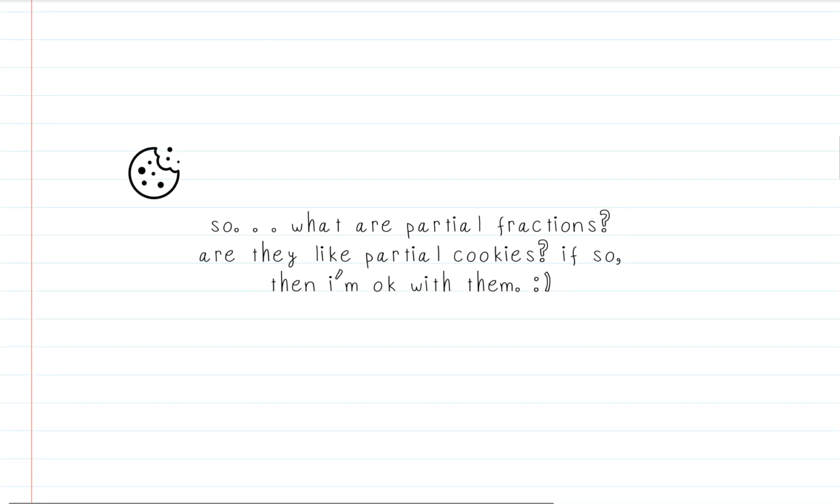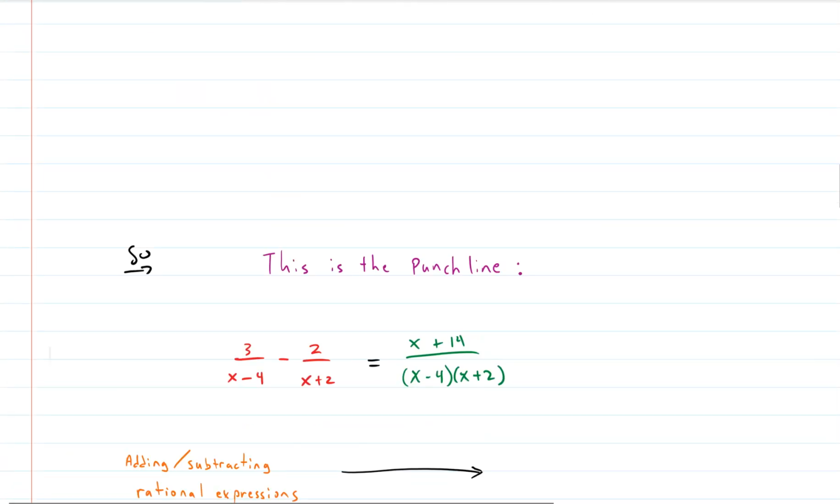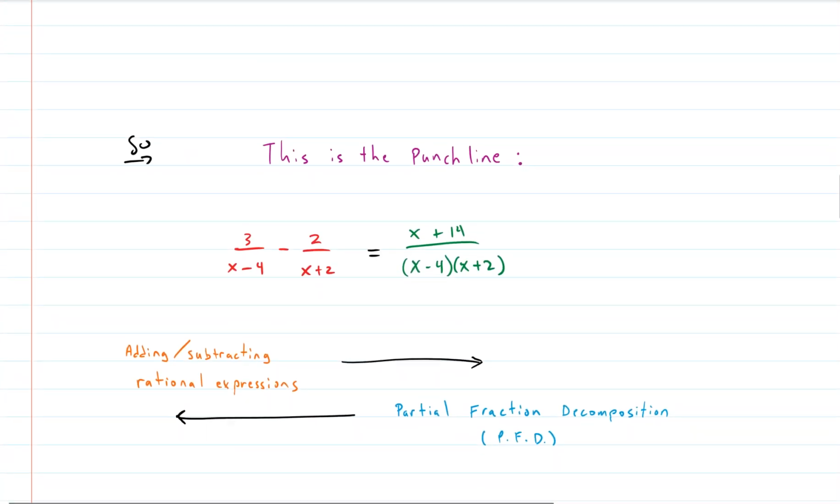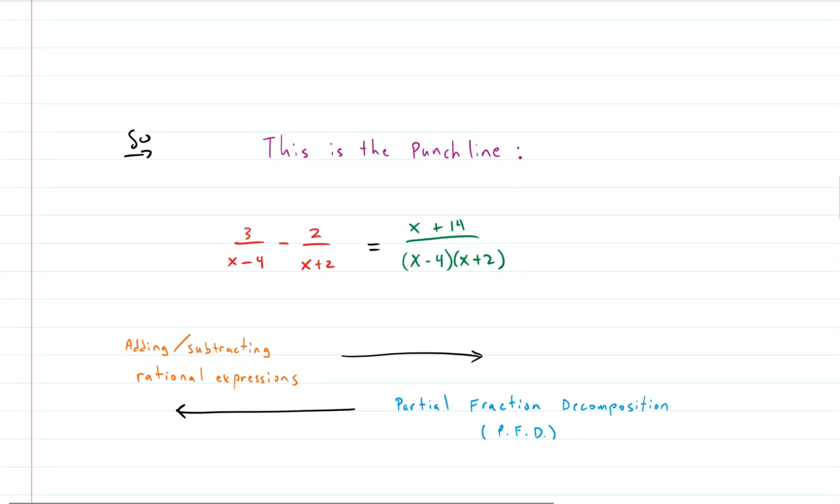So what are partial fractions? Well, good question. Here's the punchline. Partial fractions, that's when you take a more complicated expression, say like this here on the right, the x plus 14 and x minus 4 and x plus 2 on the bottom, and you decompose it into little bits and pieces that are added and subtracted together.